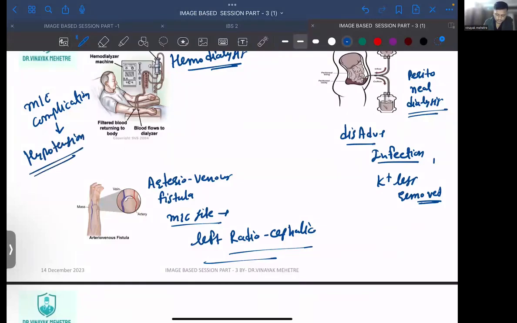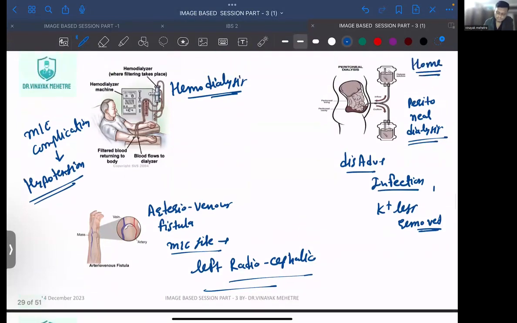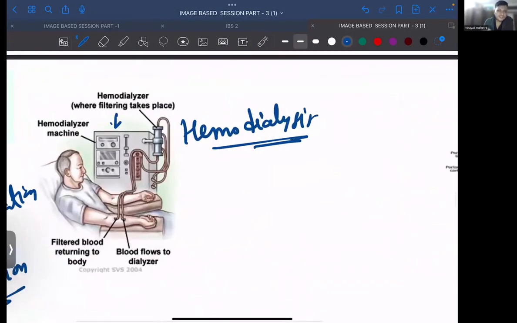Clot formation is not the complication because the machine does contain heparin. There are two types of dialysis: heparin free dialysis and dialysis with heparin. Both are there. So clots are less likely to form.